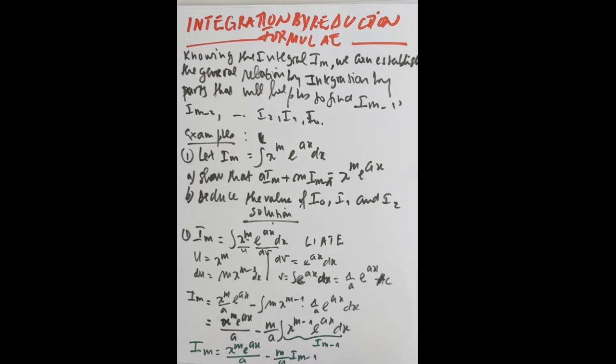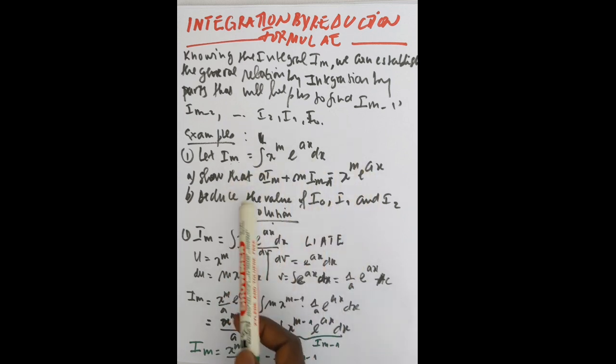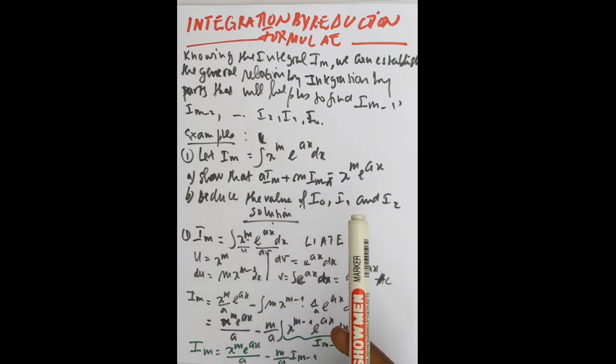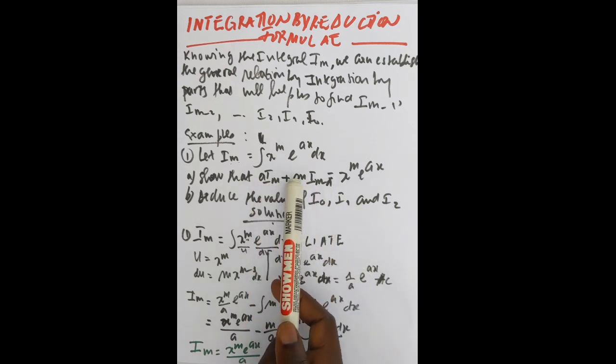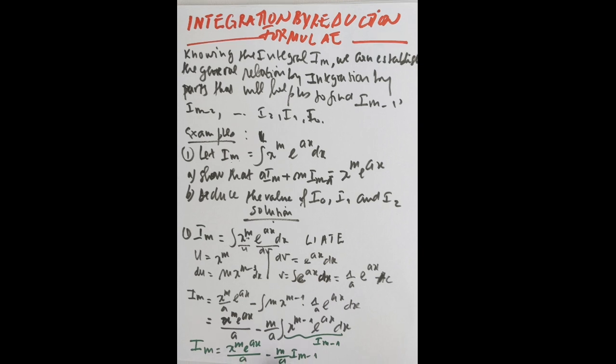Remember that we have to show this reduction formula. You can see that I have m here, a here. Since these denominators are the same, I can put them on a common denominator.